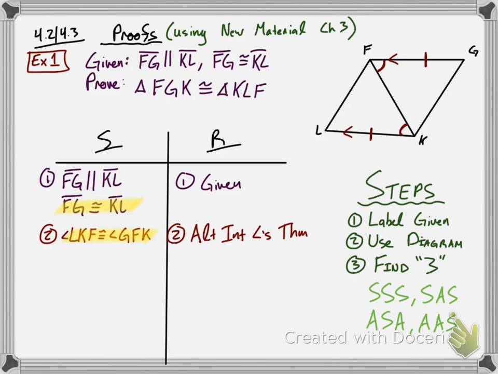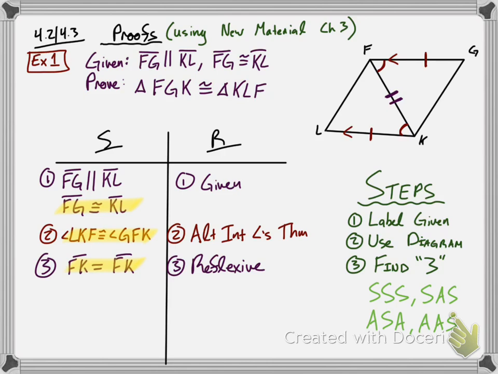We also have these two triangles stacked on each other where they share a side in the middle. So we can say that side FK is congruent to itself, and that is reflexive. Which gives us our third piece of information.